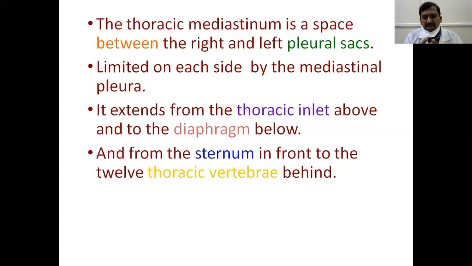Clinically they are very important because surrounding these lymph nodes there are important structures: ascending aorta, arch of aorta, the initial part of the descending aorta, pulmonary trunk and pulmonary arteries, trachea, and branches of the trachea, that is the right and left principal bronchus.